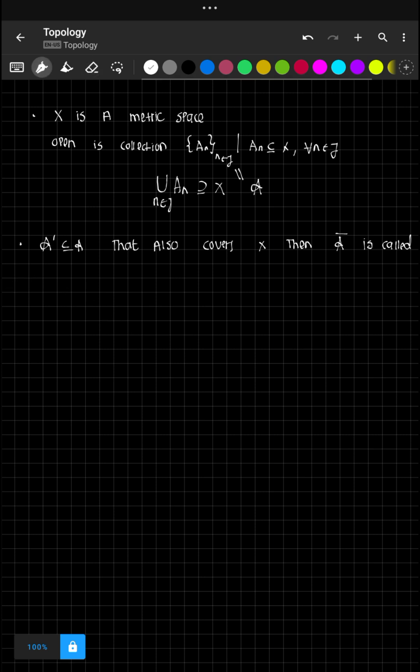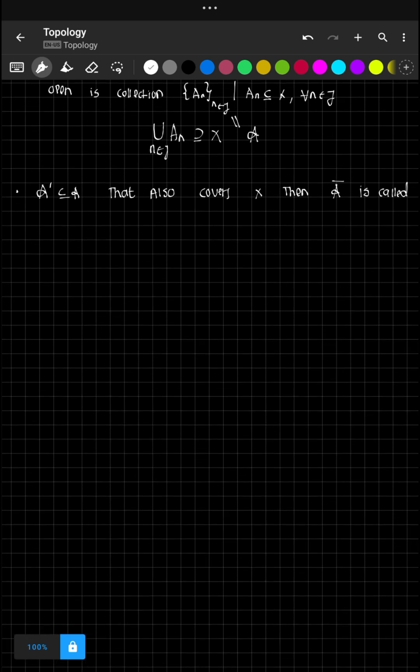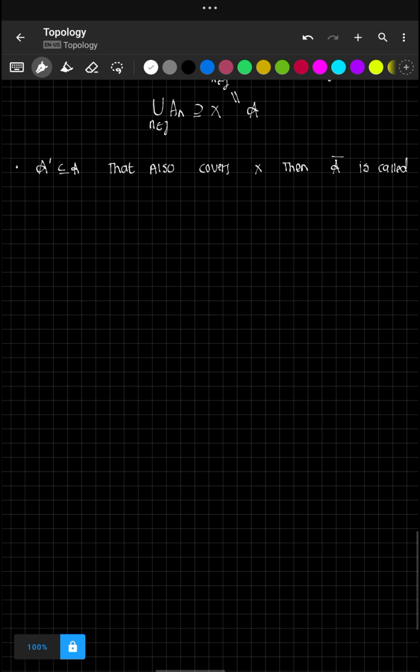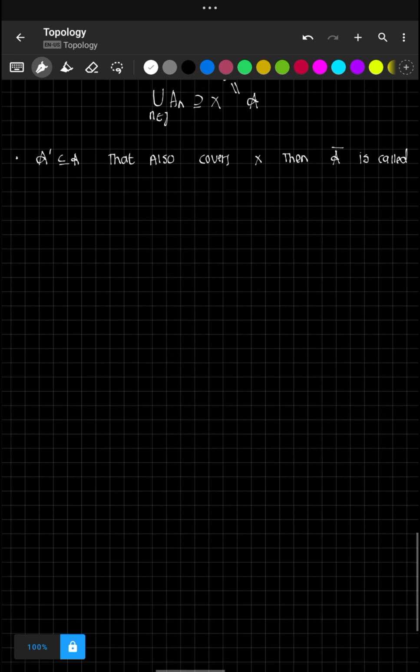And now I will claim a theorem that I will not prove because it's a really long proof, and mostly because I don't remember the proof exactly.